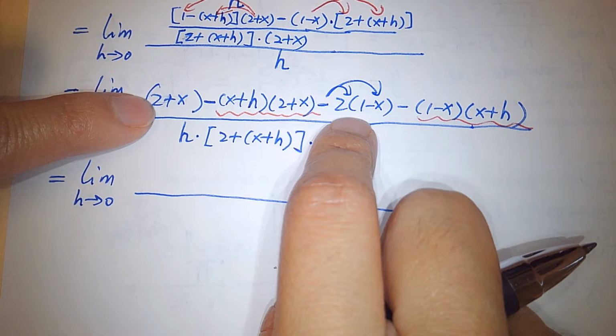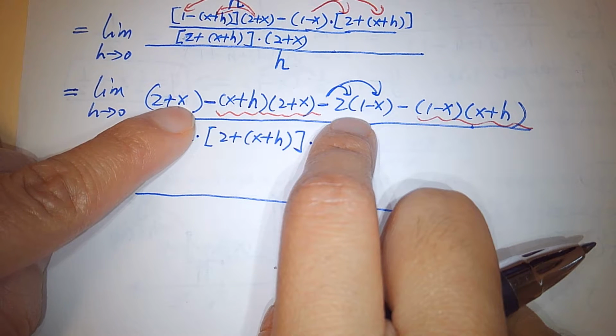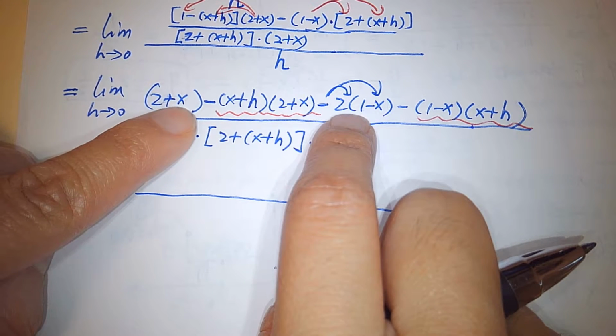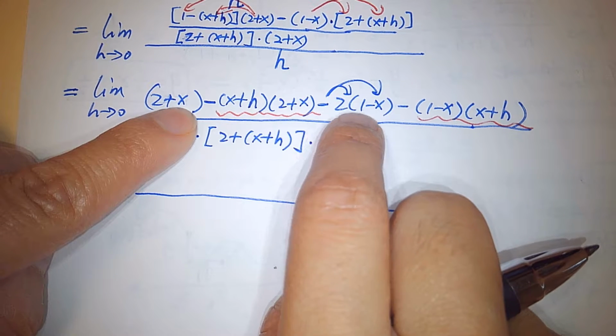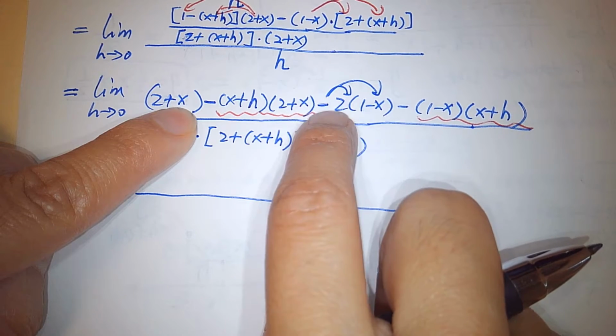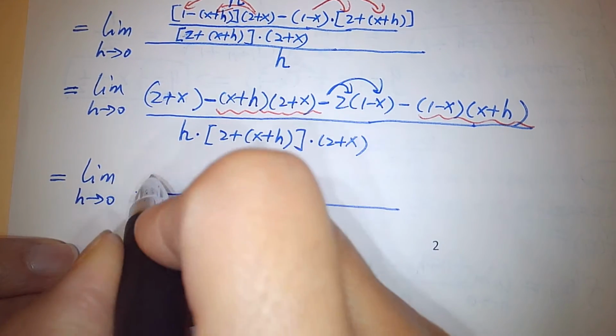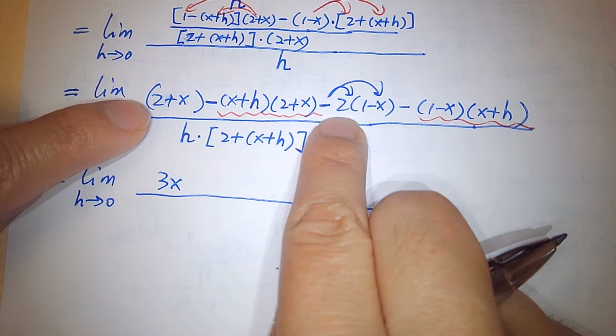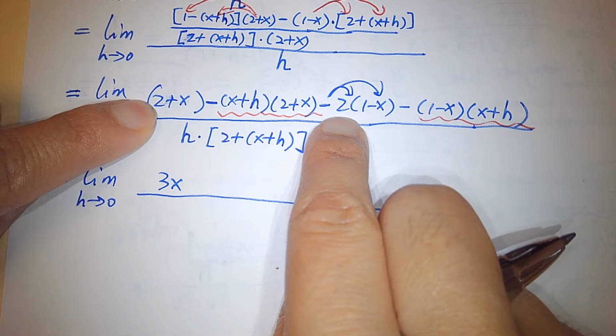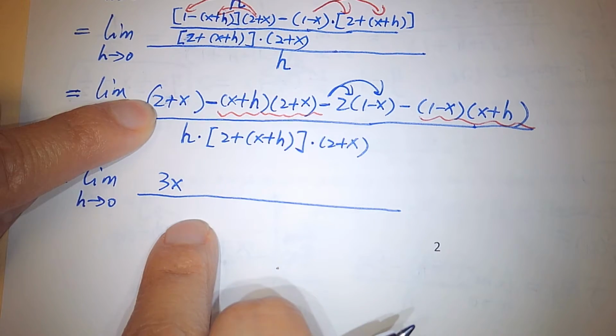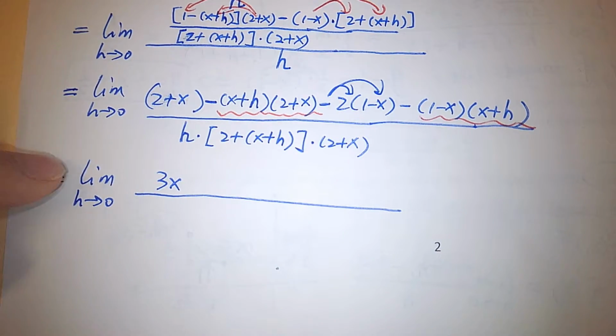Am I doing too fast? Wouldn't it be the negative 2 multiplies into the negative x, so wouldn't that be positive and you get a positive 2x? Yeah, that's going to be positive 2x. And that positive 2x plus this x give us what? 3x. You're right. But this negative 2 and this positive 2 offset, they're gone. So, guys, do you see that?